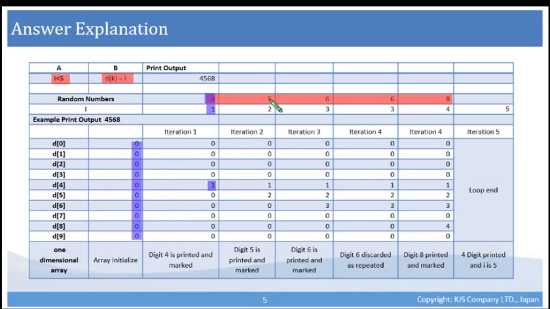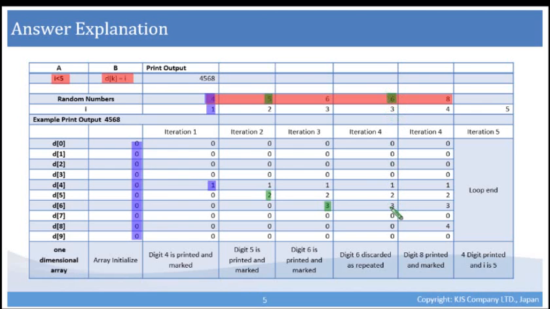On the second iteration, the random number generated is 5, and we will set our value of d of 5 equal to I, so 2. I is then incremented again, and the number 6 is generated, and here again our value of d of 6 is set equal to I. On the fourth iteration, however, we see that we get our value of 6 repeating. Here we do the comparison of d of 6.